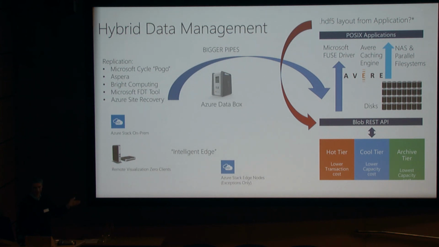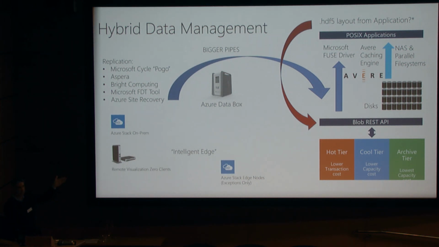Storage, I think, is a really interesting topic right now in the cloud. What you can see is everyone's trying to get access to this object storage, but the problem is all the applications need a POSIX namespace. So we've got a couple of projects going on to address that. Avere is one of those.